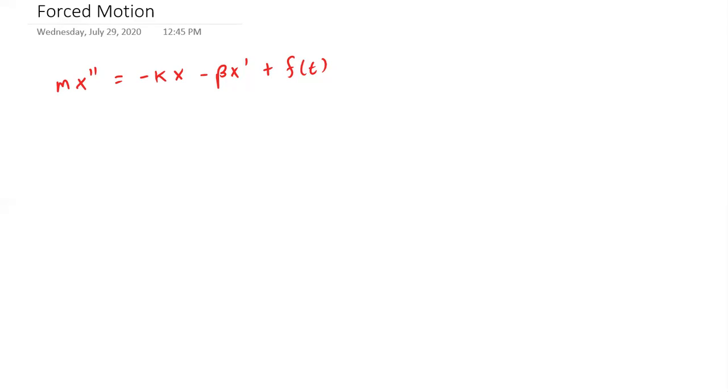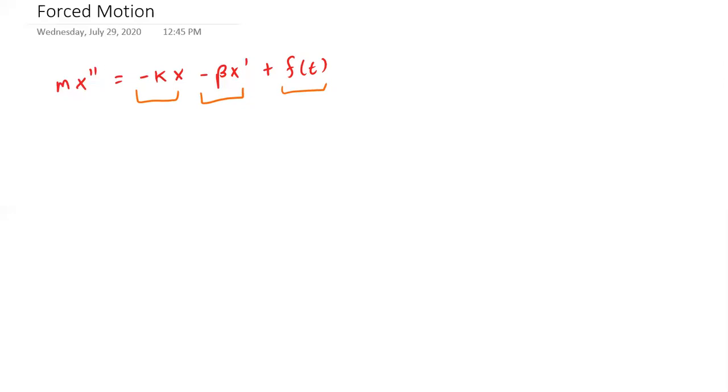But again, remember, we had minus beta x prime, which was negative because that is a force going opposite the direction of motion. So that's the best way to think of why the signs are like this. These two forces are going in the direction opposite to motion, and this one is going in the direction of motion.